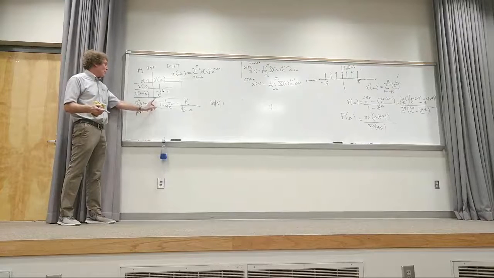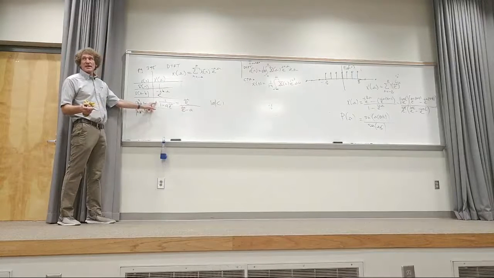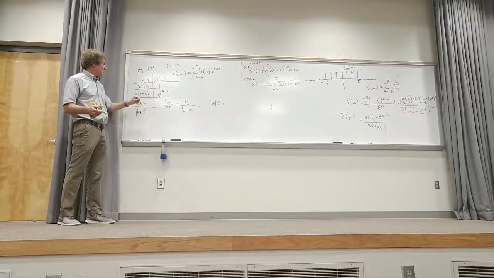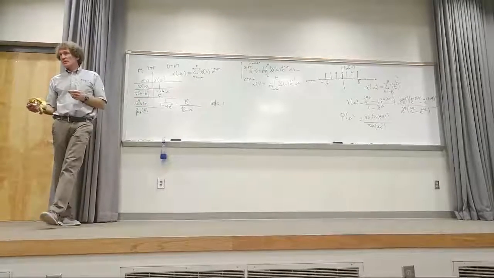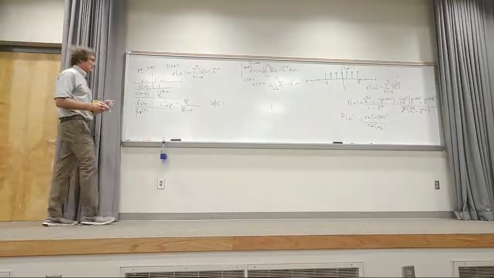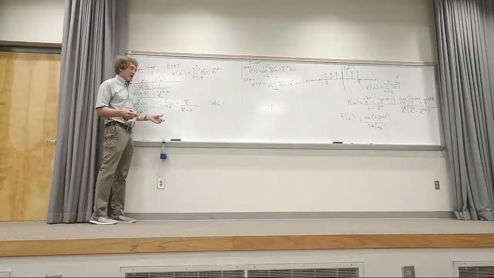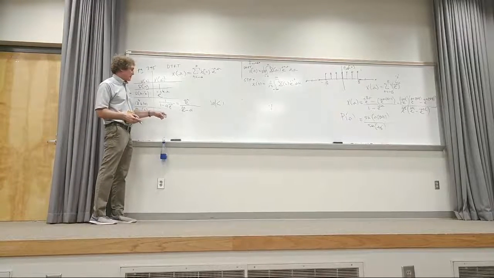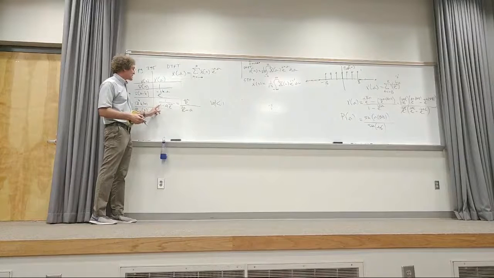This one, not quite. For this one, it would be like exponential decay. And if we have e to the minus at u of t, the Fourier transform of that is what? 1 over a plus j omega, right? Here, we don't have that a plus j omega. Now we really have, you could say, 1 over 1 minus this.